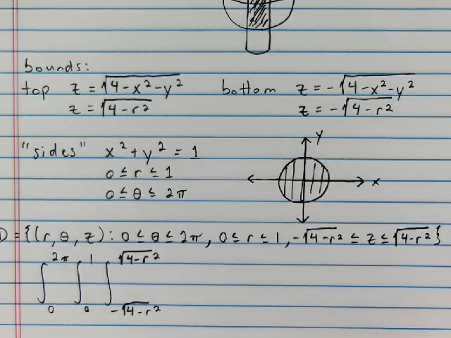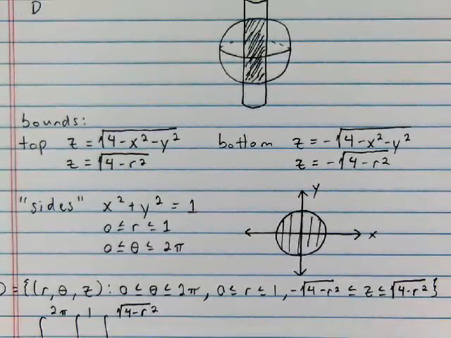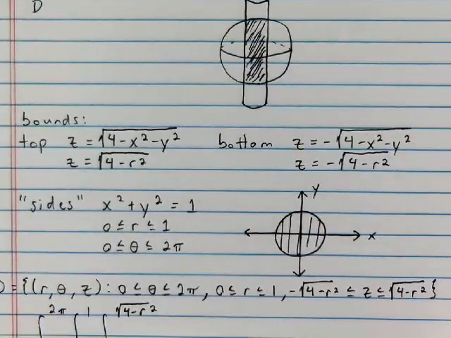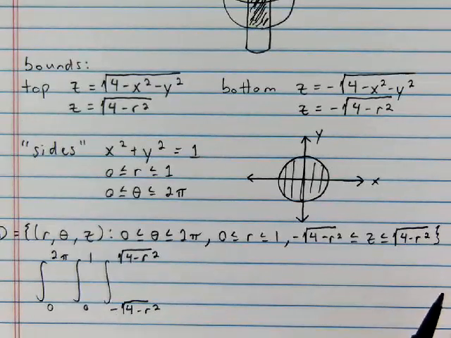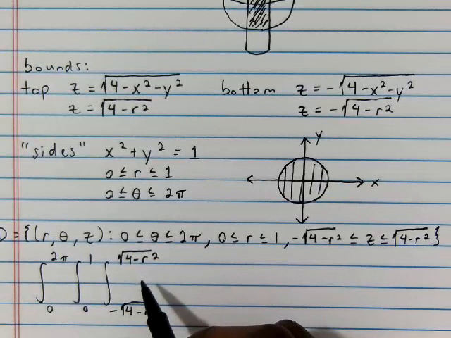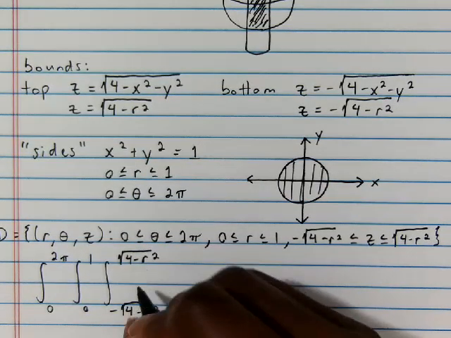And then we have to make sure we don't forget about our integrand. Now if we were just asked to find the volume of this thing, then our integrand would be 1, but we were given our integrand as y squared. So we need to convert to cylindrical coordinates, and y in cylindrical coordinates is r sine theta.